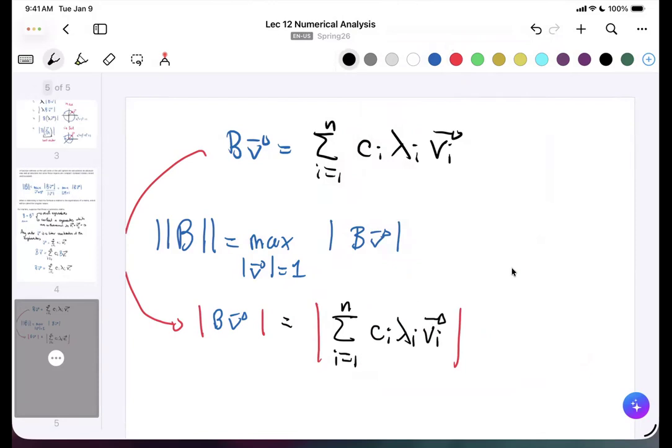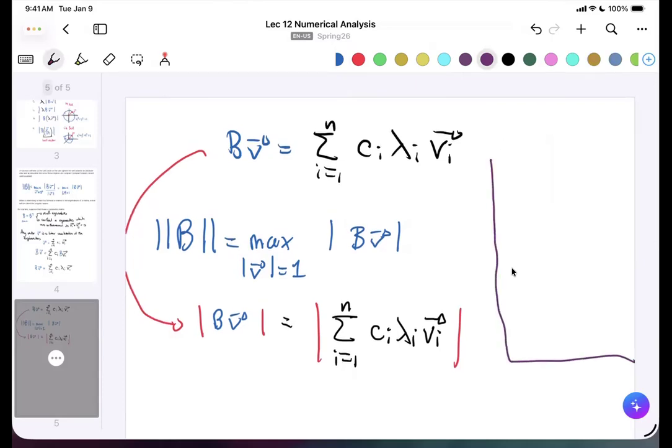But that's another nice thing, because the vectors are mutually perpendicular. This is similar to, as an analogy, what if I asked you to find the length of 2i plus 3j minus k? Well, you would say, that's just Pythagoras theorem.